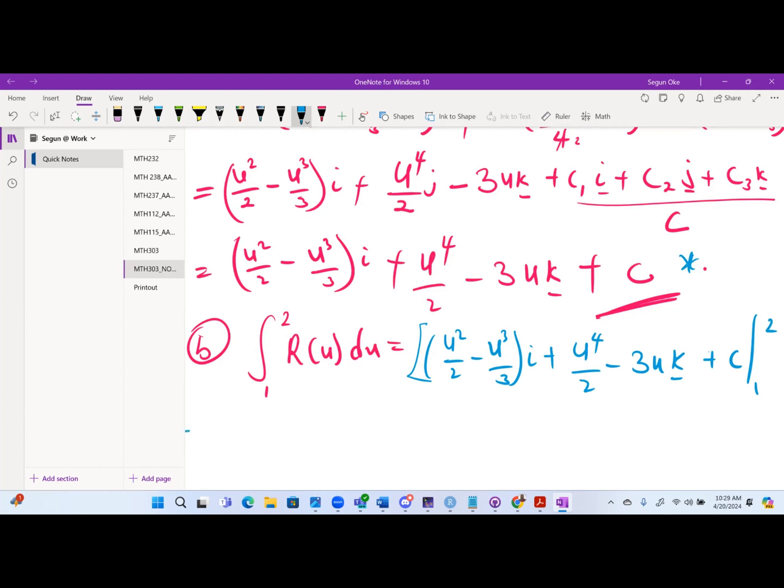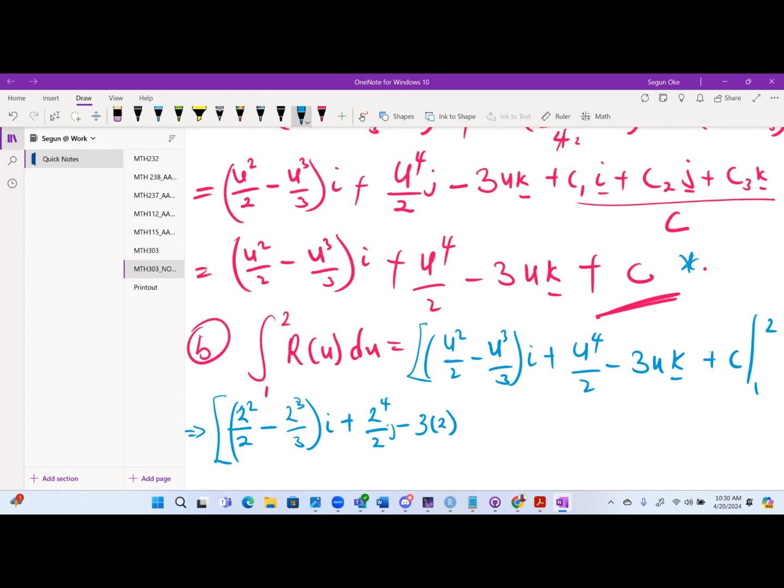Let's do the upper limit first. Substitute 2 all round first. So this is 2 squared over 2 minus 2 cubed over 3 i plus 2 raised to power 4 over 2 minus 3 of 2.